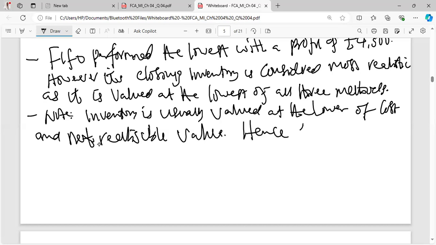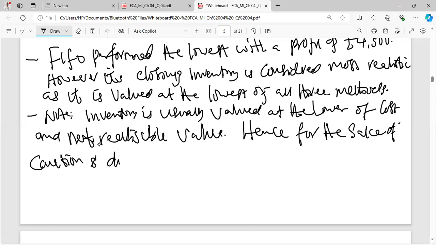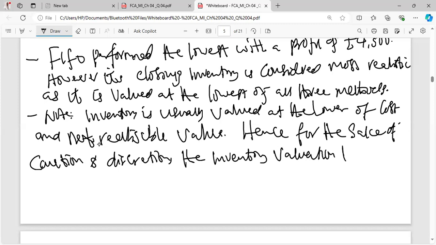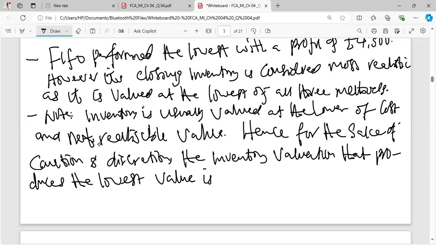Hence, for the sake of caution and discretion, the inventory valuation that produces the lowest value is usually preferred.